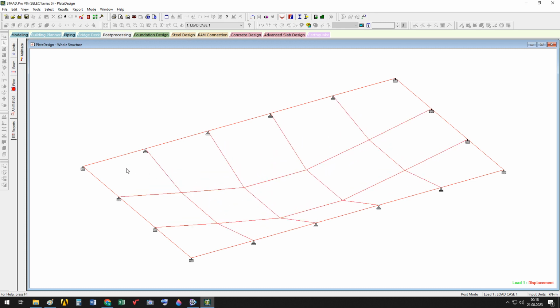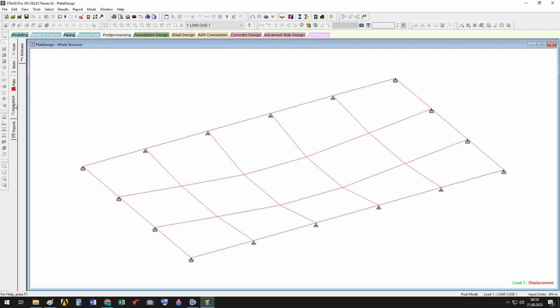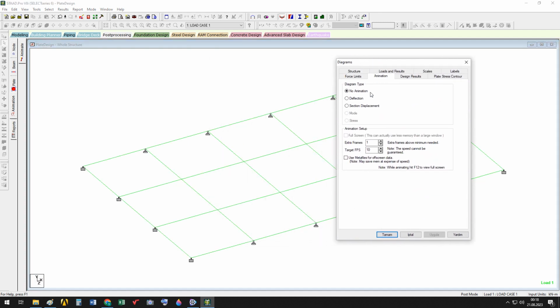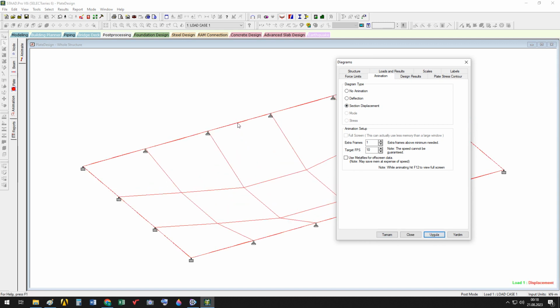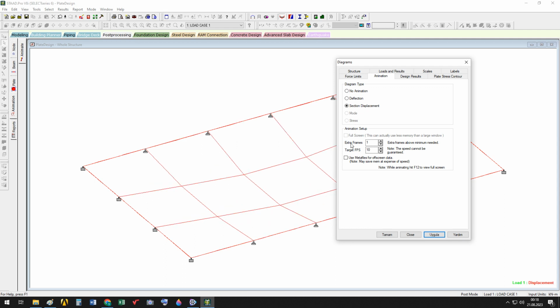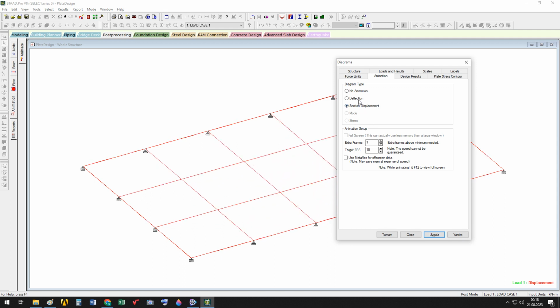Now in the deflection, we see that. If we say section displacement, we see the beam's deflections are also seen. I think the section displacement is the thing that we seek, but deflection is something else.